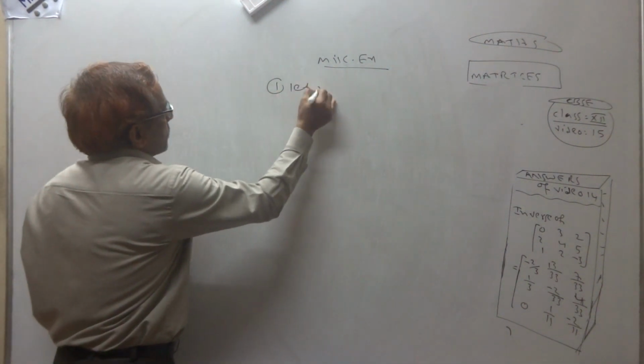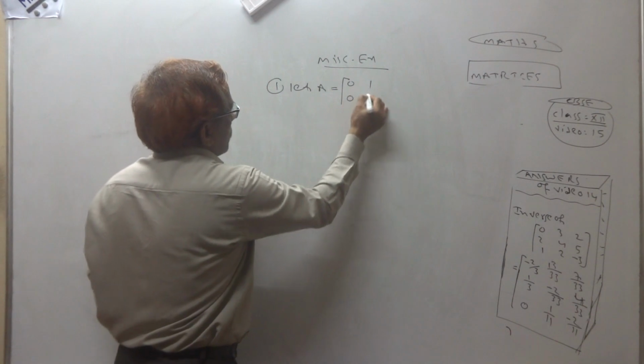See, the first question is, let A be the matrix 0, 1, 0, 0.